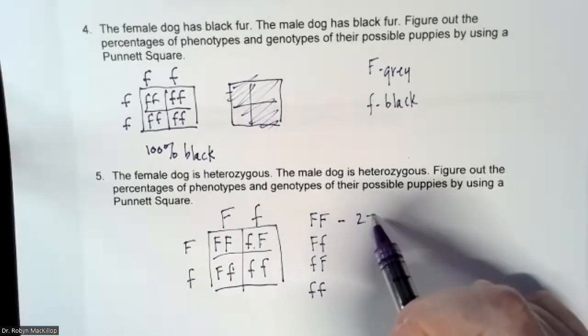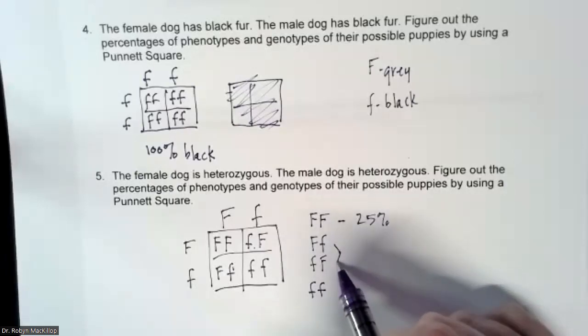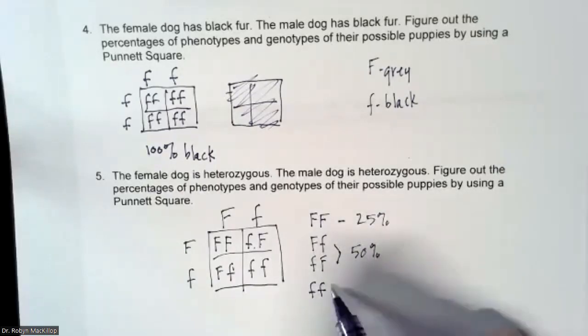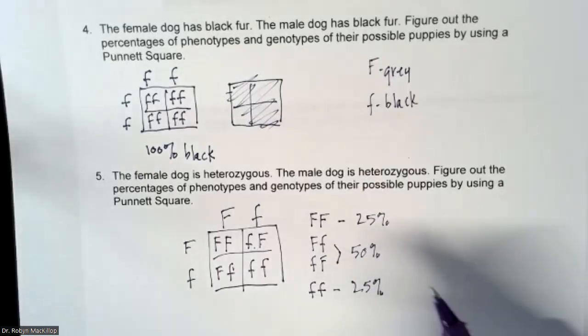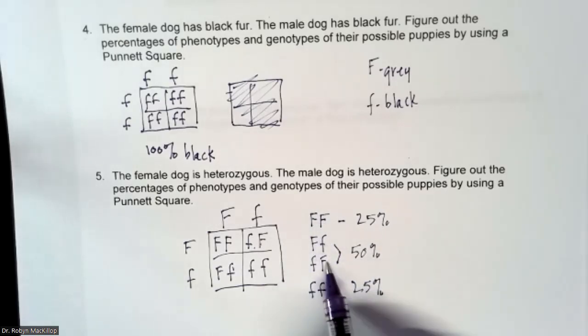Perfect. And we have what percent of heterozygous? 50. Perfect. And what percent of recessive? 25. Perfect. So 100% total, perfect. And you've got a fully gray puppy, 2 more gray puppies that happen to carry the black gene, and you've got 1 black puppy.